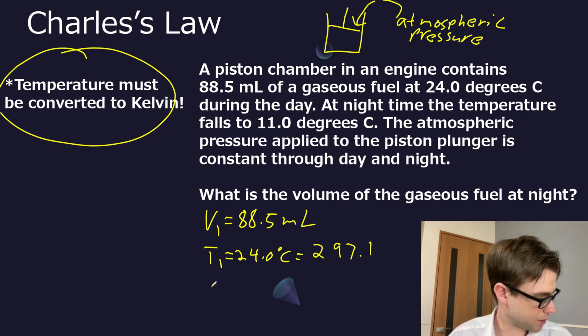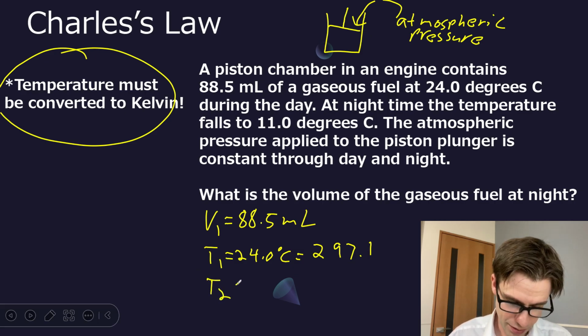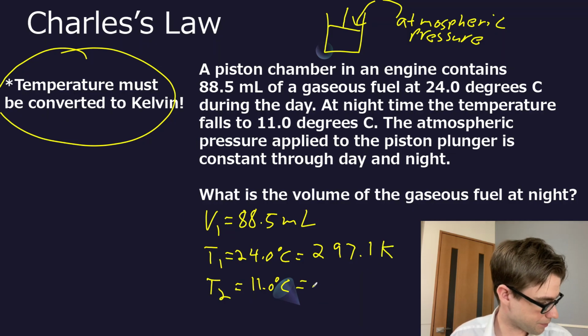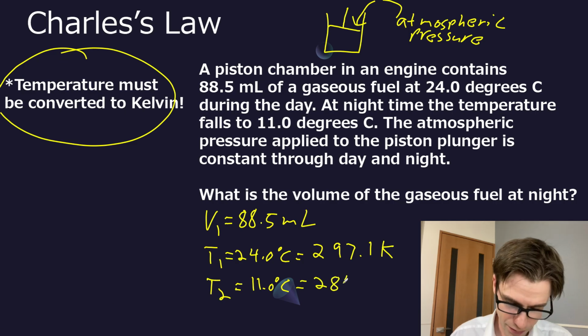Alright, what else do we know? T2, the final temperature at night, is 11.0 degrees C. Convert to Kelvin, plus 273. That's going to be 284.1, roughly.